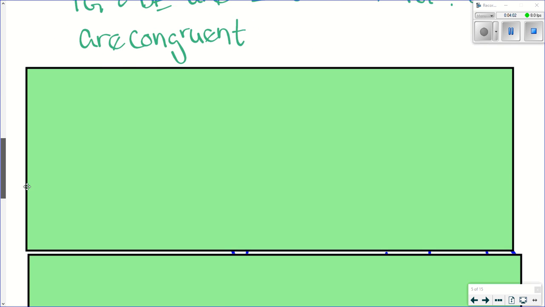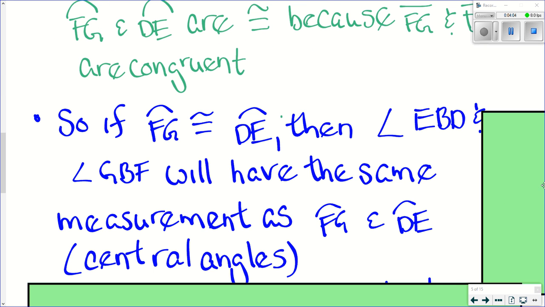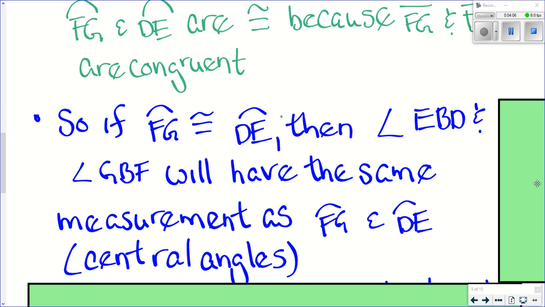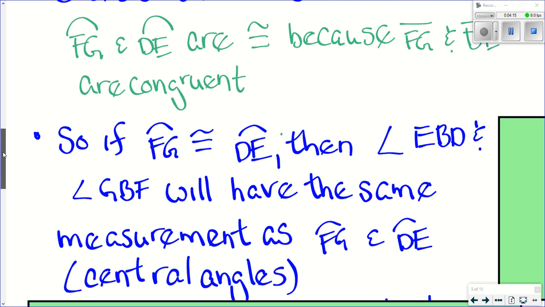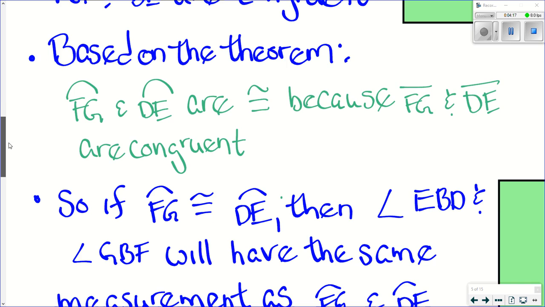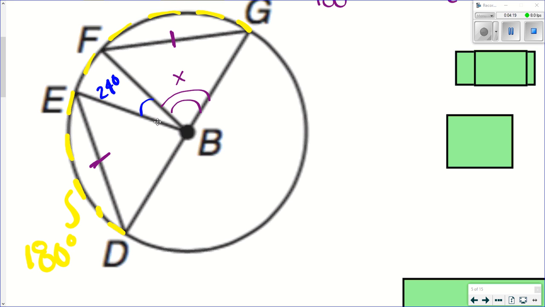Because they are congruent, the next thing that we would do is say they both will have the same measure. So let's go back to angle EBD and FBG. Those 2 angles are going to have the same measurement because arc FG and ED are congruent.